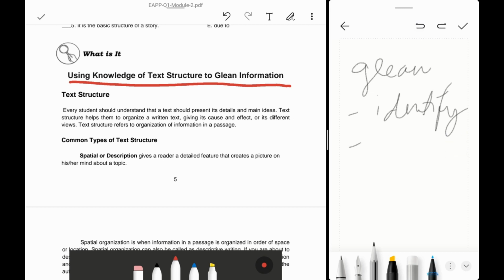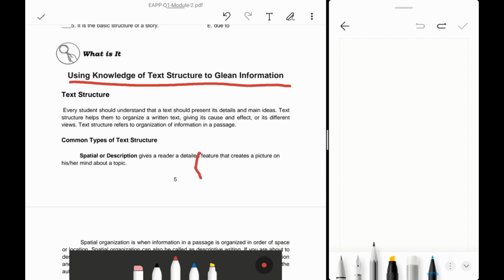Sorry for my writing. Again, it only means identify or understand. So basically, what we mean by this lesson is that we are going to use our idea, our knowledge, our concept of text structure in order for us to understand better what is being delivered in a text.